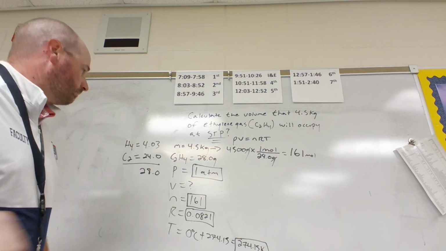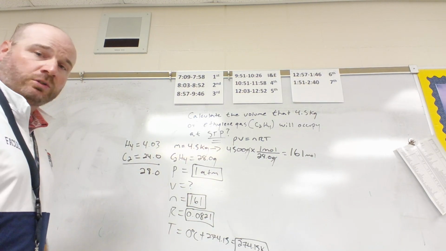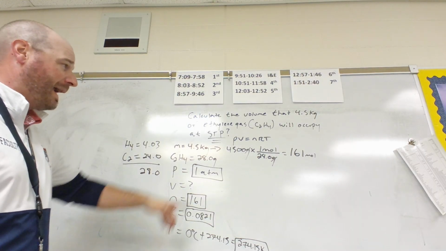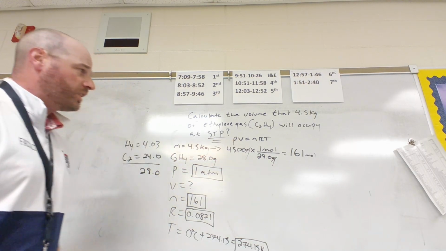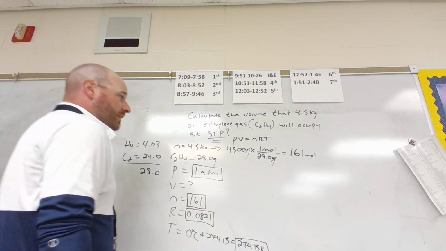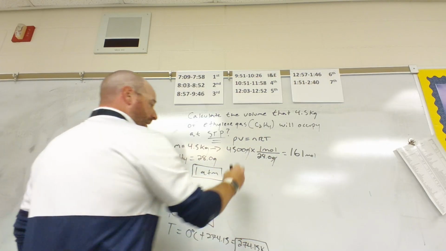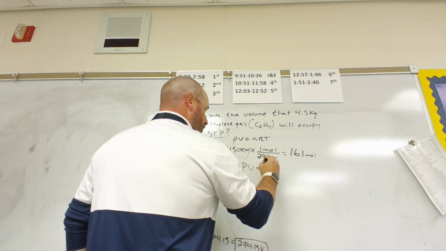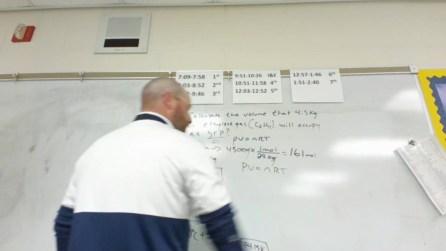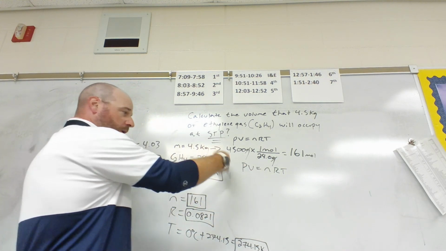So I've set everything up. I've got one variable to solve for now, which is my volume. We come back to my original equation, PV equals nRT. I'm going to derive this to isolate the variable I'm trying to solve for, which in this case is volume. So to isolate that variable, you do the opposite sign of whatever's already going on.